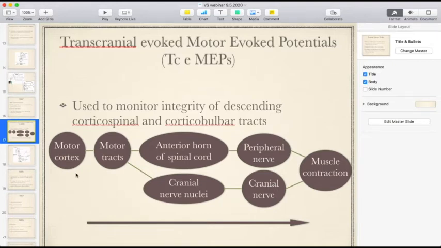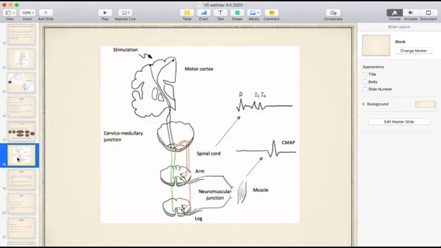This is the flow of corticospinal and corticobulbar tracts, starting from the motor cortex all the way to the ultimate peripheral muscle. Another diagrammatic representation shows how the motor pathways travel along the spinal cord, from the motor cortex.